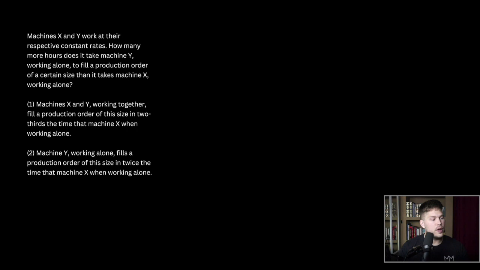Let's look at statement 1. Statement 1 tells us that if machine X and Y work together to fill a production order of some size, then they take 2/3 the time that machine X would do when working alone. So that tells me that machine X does some portion and machine Y does some portion. And if we sum these, what would we get?